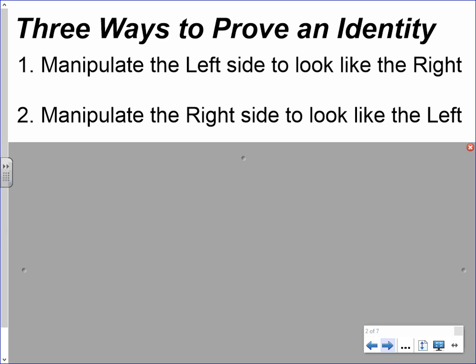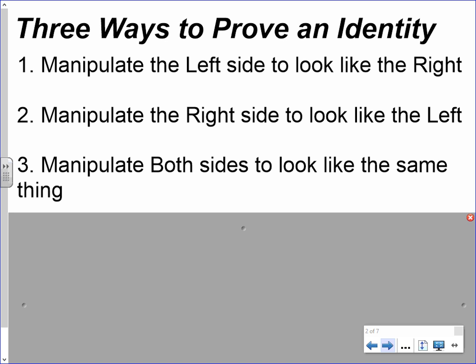All right, I said three ways. First way, manipulate the left side until it looks like the right. Second way, manipulate the right side until it looks like the left. What could possibly be the third option? Manipulate both sides until they look like each other.